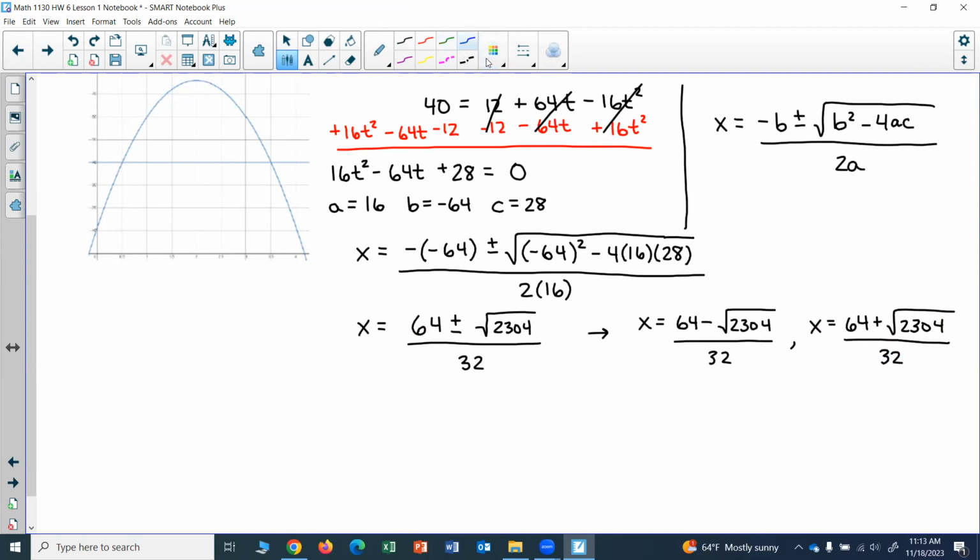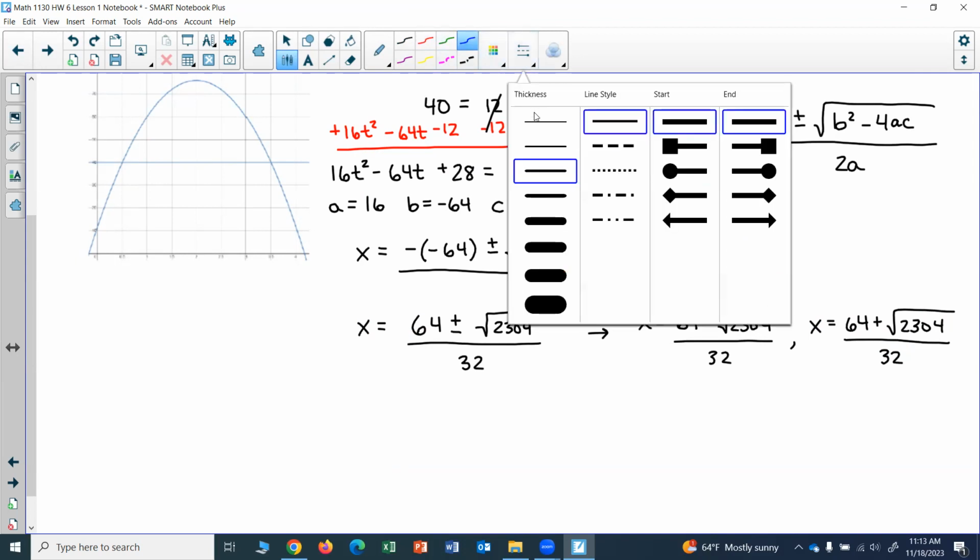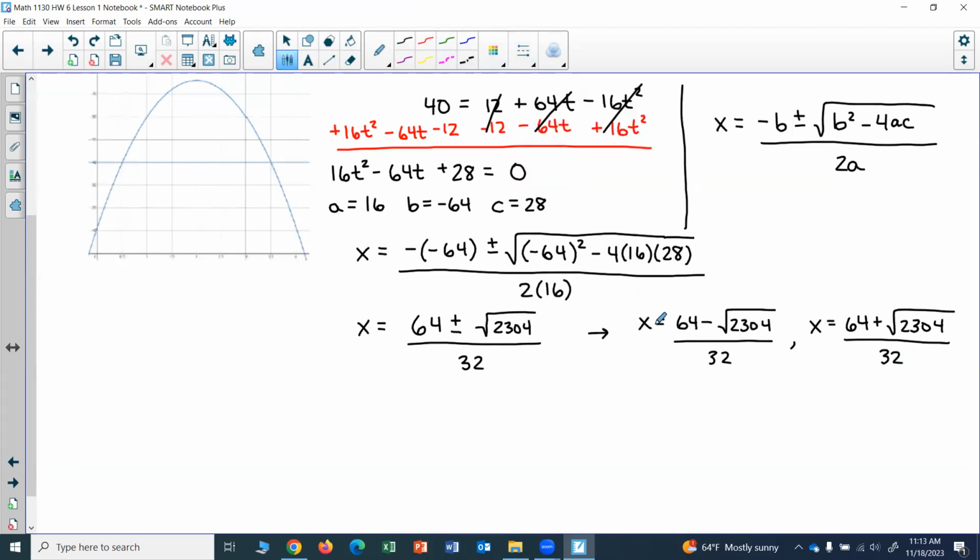Now, when you put this in the calculator, the way that you can show that you have a sum or difference in the numerator is by putting parentheses around the numerator. So I could put parentheses in front of the 64 and after the square root, and that would tell my calculator that that whole thing is in the numerator.